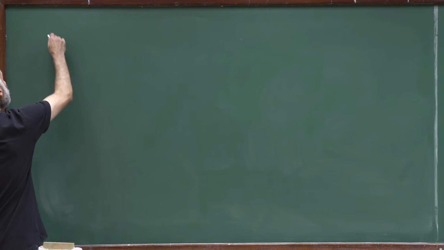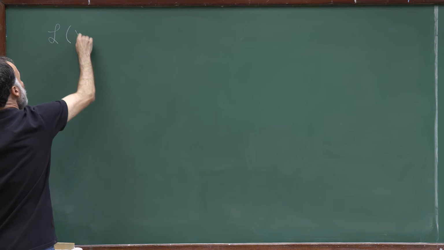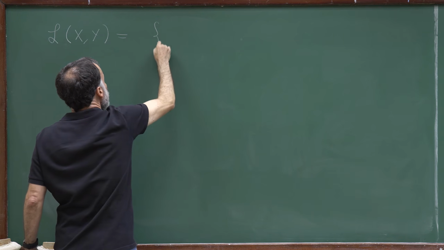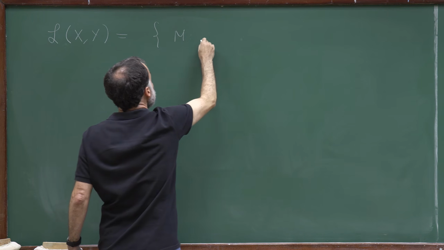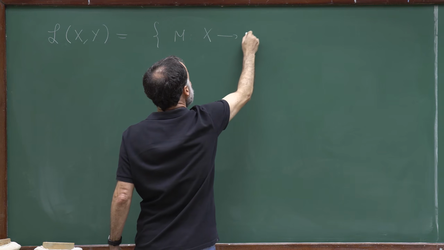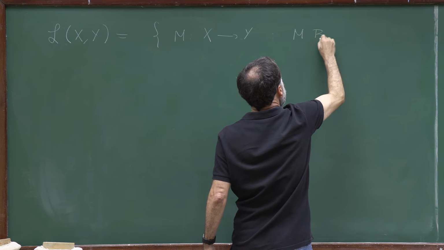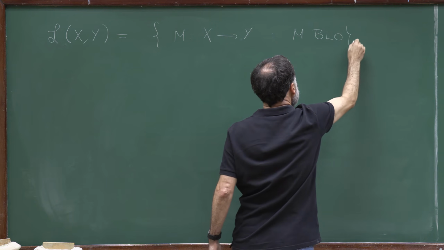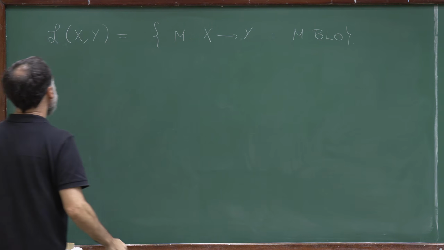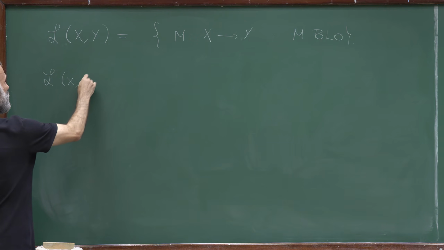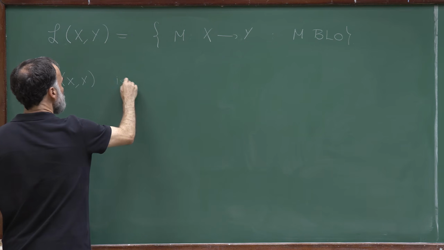So let me represent by L(X,Y) the space of bounded linear operators from X to Y. What I claim is that L(X,Y) is a linear space.